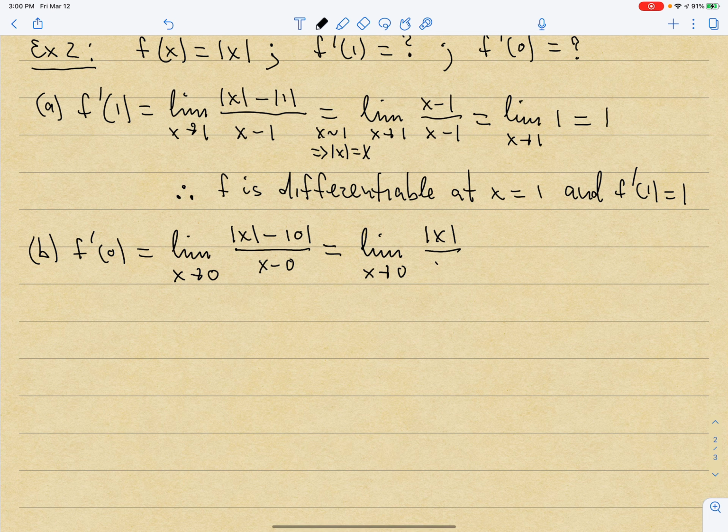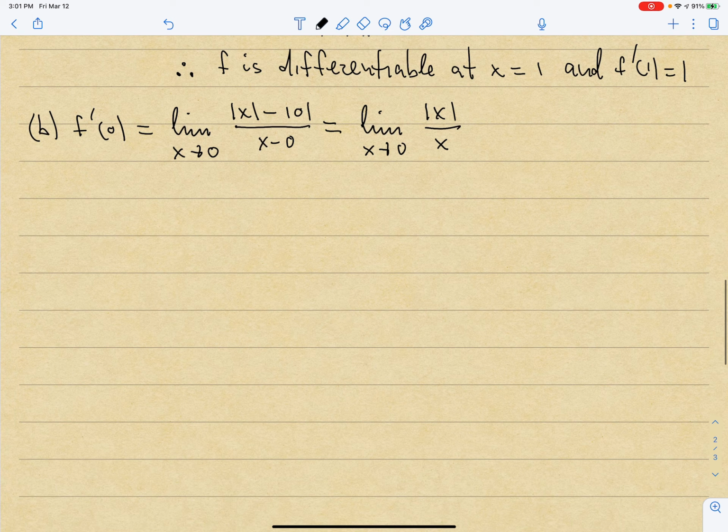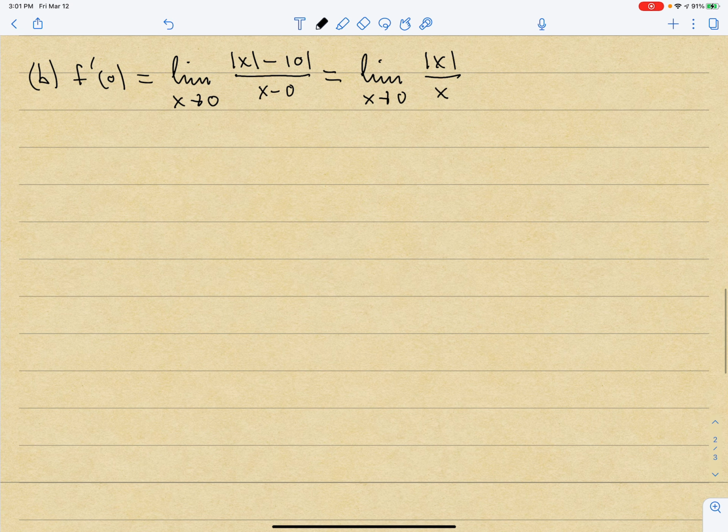So what I need to compute is a limit of absolute value of x over x when x goes to 0. Okay, when x goes to 0, x is near 0. Before x was near 1, so then I could have removed the absolute value sign. But in this case, x is close to 0, so that does not preclude it from being either positive or negative. And so in order to compute this limit, I can look at the limit from the right and from the left, and if those are the same, that would be my limit.